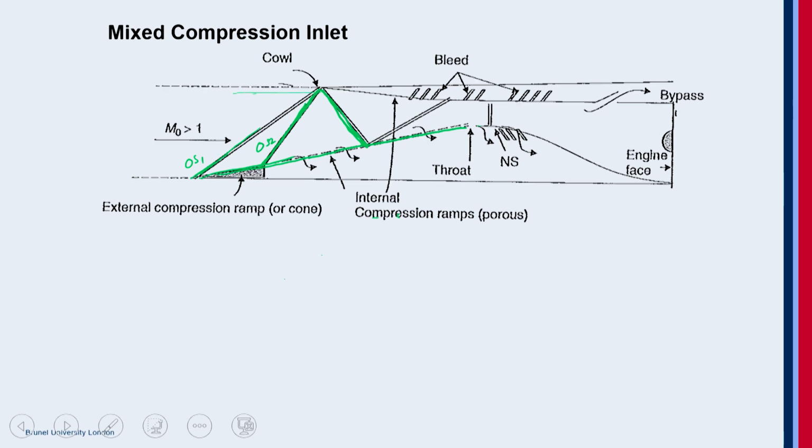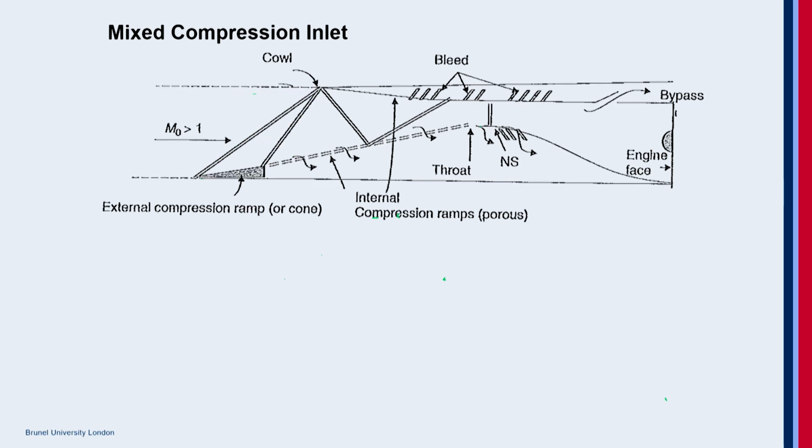So it's a reflected oblique shock here. Then again you have another reflection here, then you have this normal shock here at the throat. So here is the mixed compression, not only external compression, which is what we were looking at, but also internal compression.